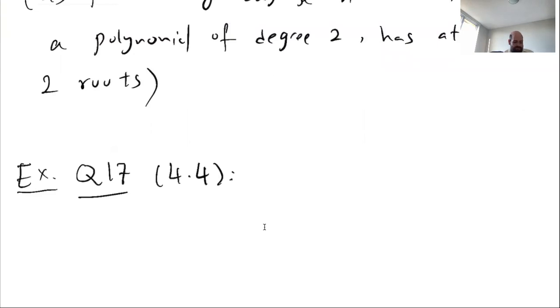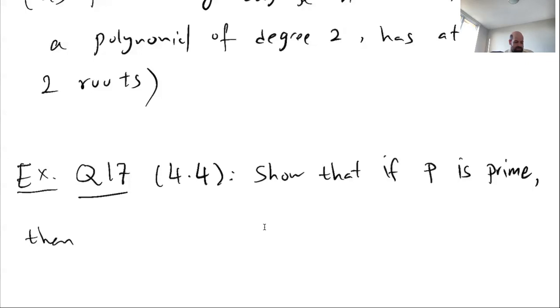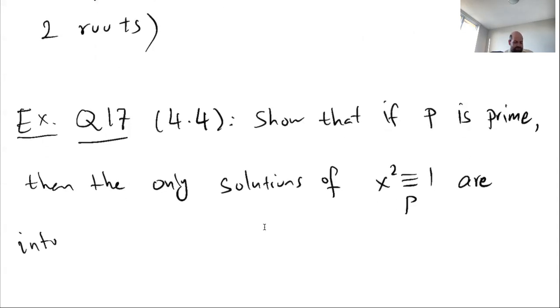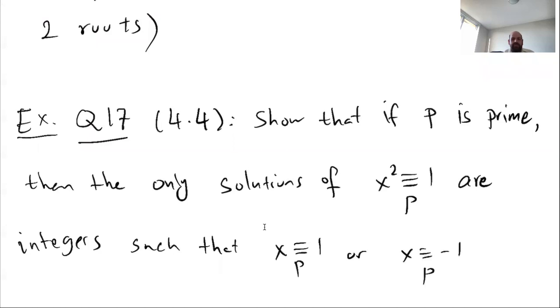Show that if p is prime, then the only solutions of x squared congruent to 1 mod p are integers such that x is congruent to 1 mod p or x is congruent to minus 1 mod p.